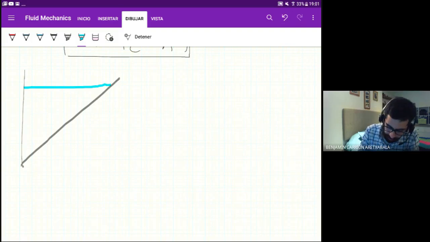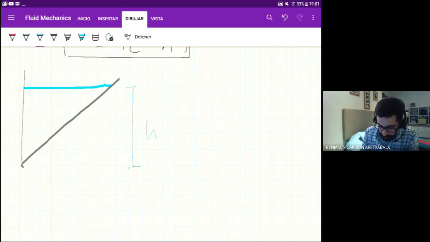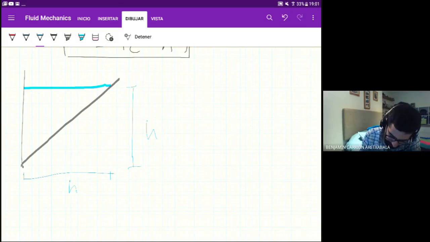And we're going to call this H. Oh, I'm sorry. We're going to call this H. And for the sake of the argument, this is going to be H2. So what's the total force applied on this wall?